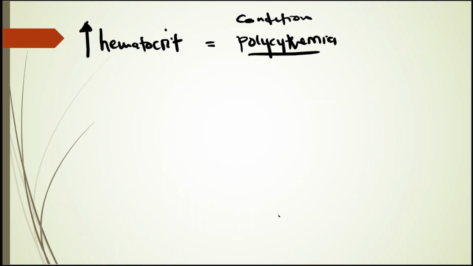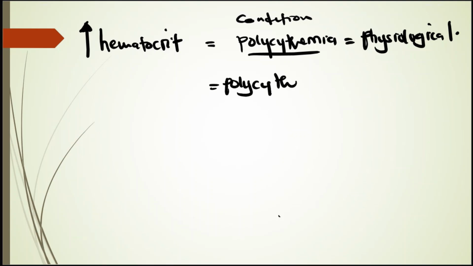Okay, so polycythemia is physiological. So where your body is trying to compensate for a certain condition that you've been exposed to. But if it is pathological, it is known as polycythemia vera. There's a difference.